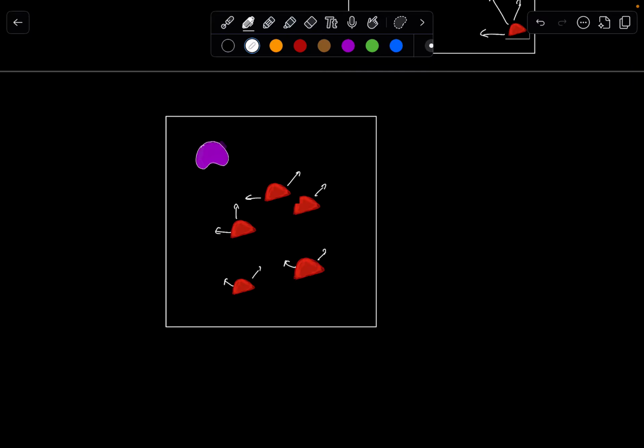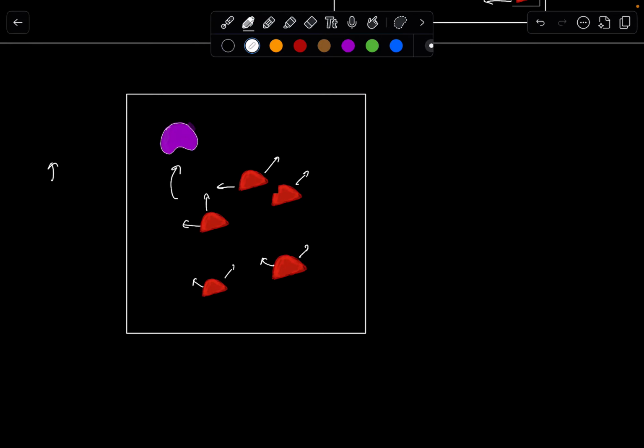The collision between what? The collision between this enzyme and this substrate. It's increased. So collision theory is effectively how enzymes work. Increase chance of collision.